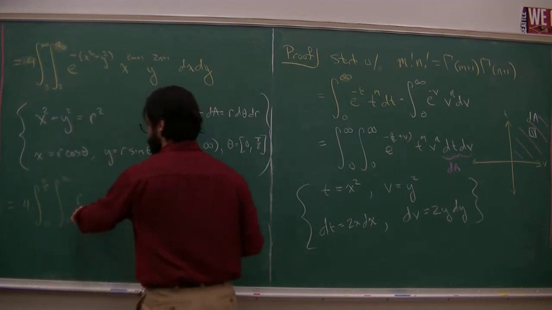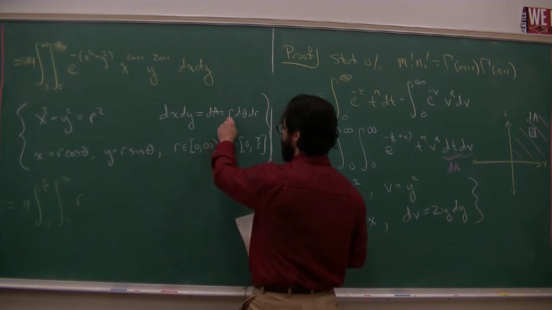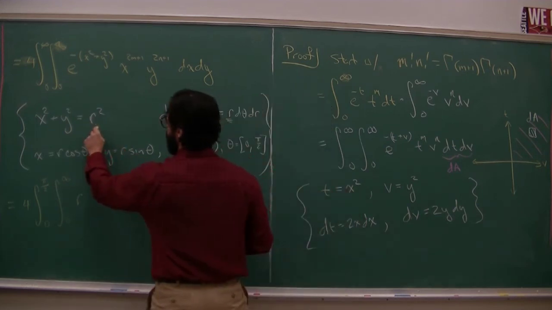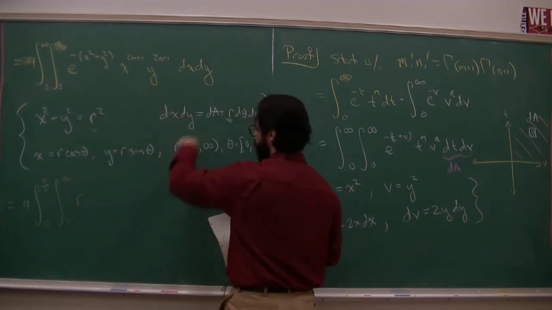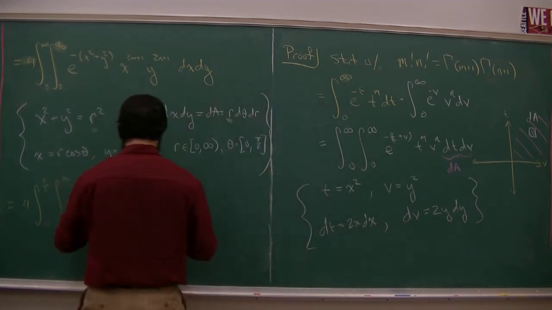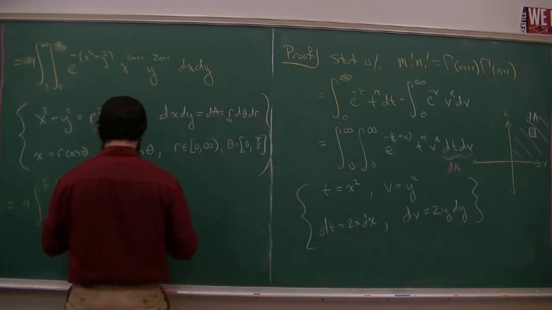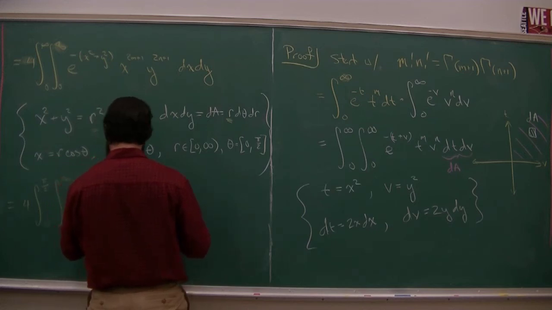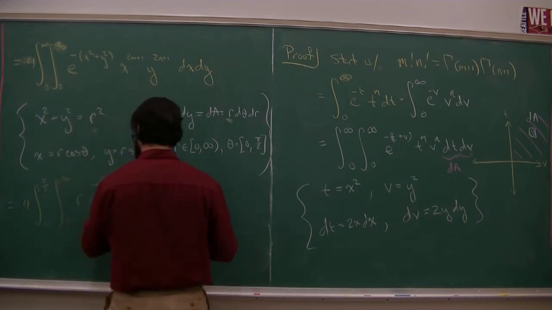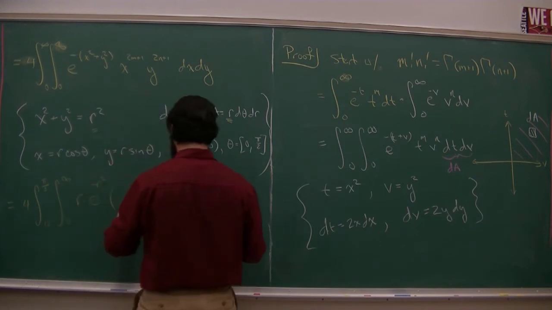Okay, this is the magic trick that happened last time, is this r and this r squared allowed us to have a perfect total derivative inside of our integral. And it looks like that's happening again, except all of this stuff.